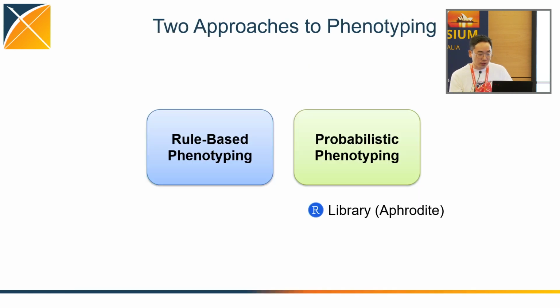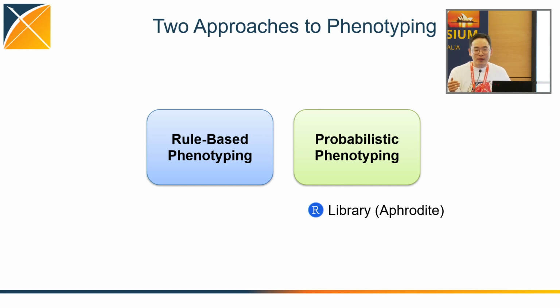There are two approaches to phenotyping. One is probabilistic phenotyping. For the definition of diabetes, we usually have some definition, but sometimes a person can have a 70% probability of diabetes, and some people have a 99% probability of having diabetes.